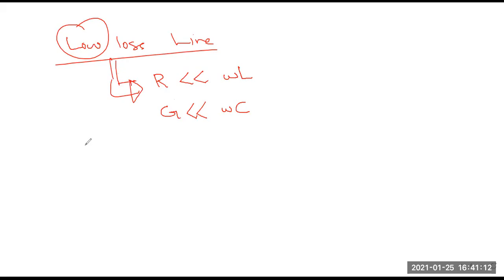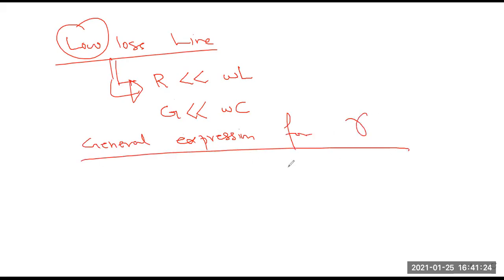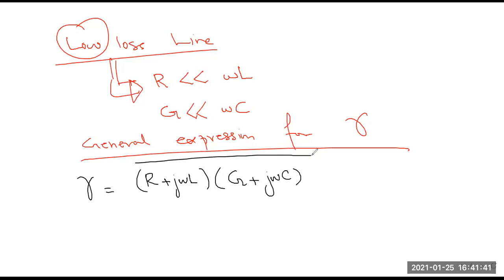Now, the general expression for the propagation constant that we have derived before is gamma equal to the square root of (R plus j omega L) into (G plus j omega C).